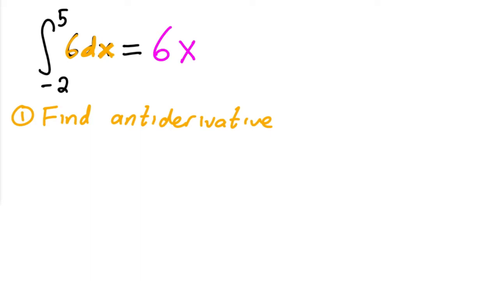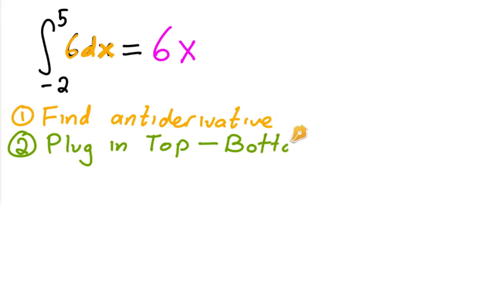Okay, so then once you find the antiderivative, you're going to plug in the end point minus the beginning point, or since we're looking at it in this form, we're going to plug in top and then minus the bottom.